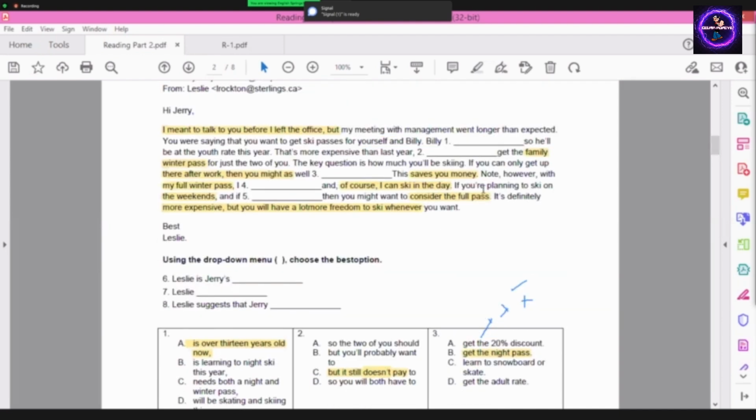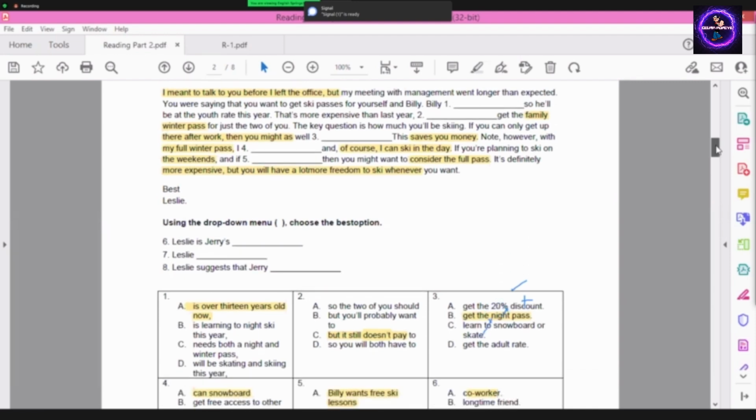Saves money, however my full winter pass, and of course I can ski in the day. If you're planning to ski on weekends, then not considerable price, definitely more expensive, but a lot of freedom to ski. My full winter pass. Here, I think it's can snowboard.